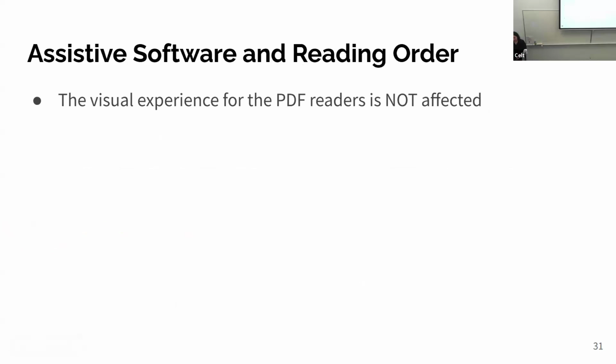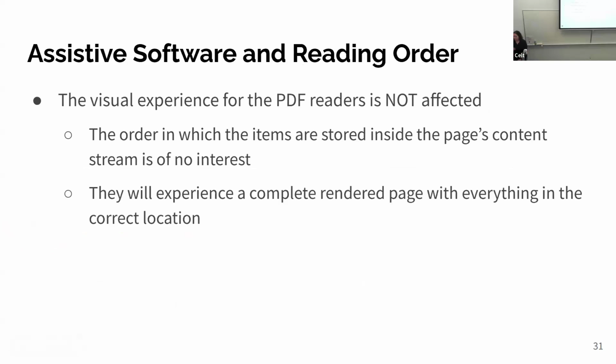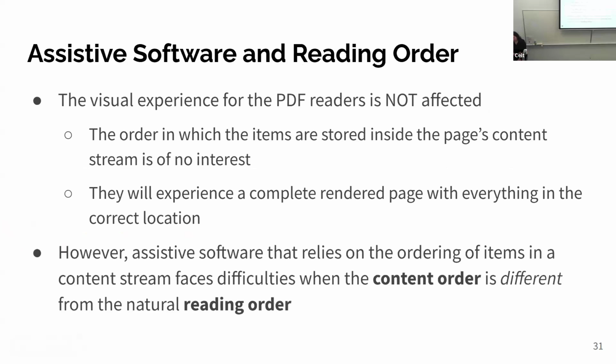Fully sighted users are not affected by this problem, because the order in which the items are stored inside the content stream of the PDF page is of no interest to the visual readers. They will experience a complete rendered page with everything in the correct location. However, assistive software that relies on the ordering of items in a content stream faces difficulties when the content order is different from the natural reading order.